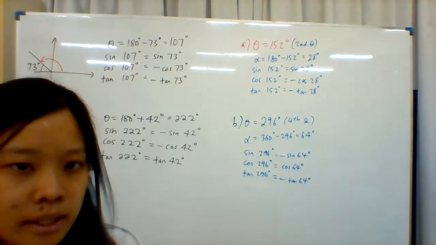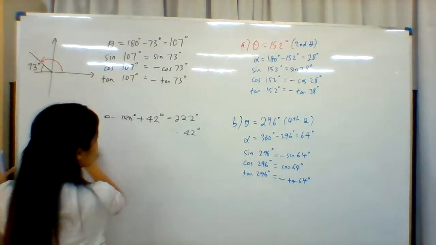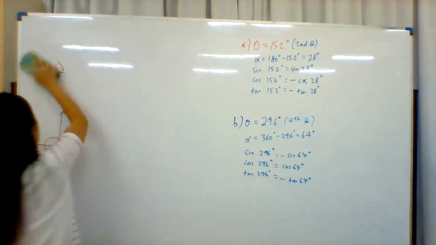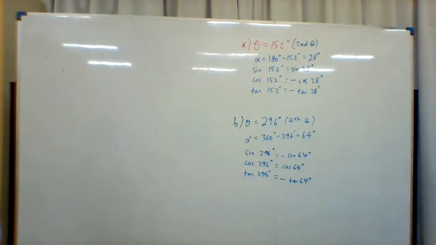Okay, good. Now, application. Since you get this part already, right? Remember what I said, things that you need to find: basic angles, theta, your sine, cos, and tangent, but you have to use the corresponding basic angle to get those.